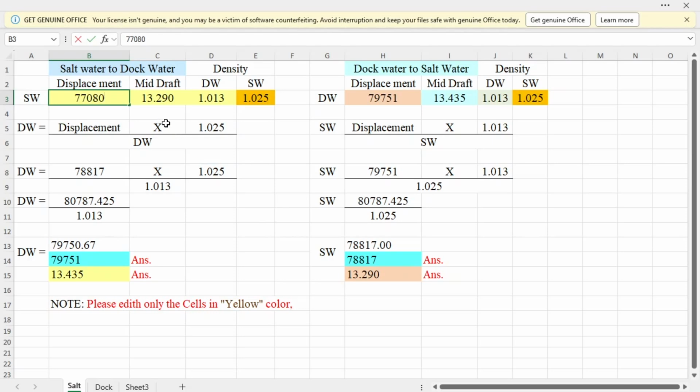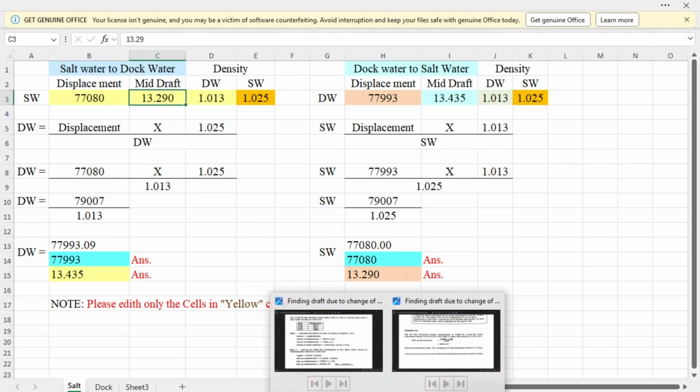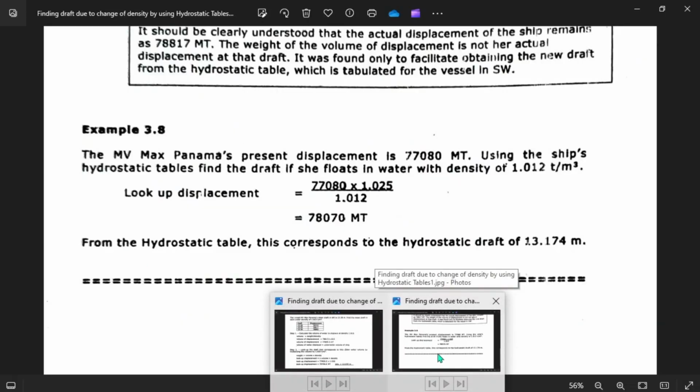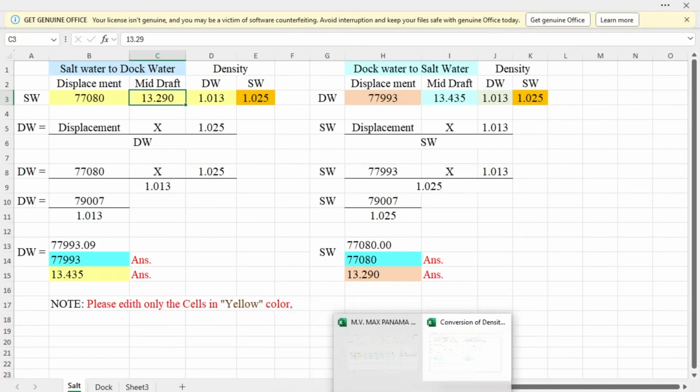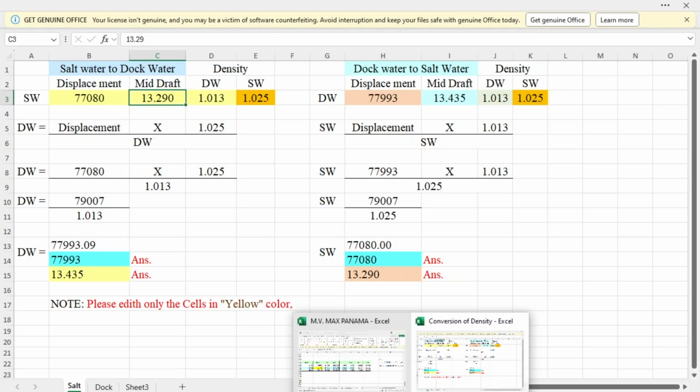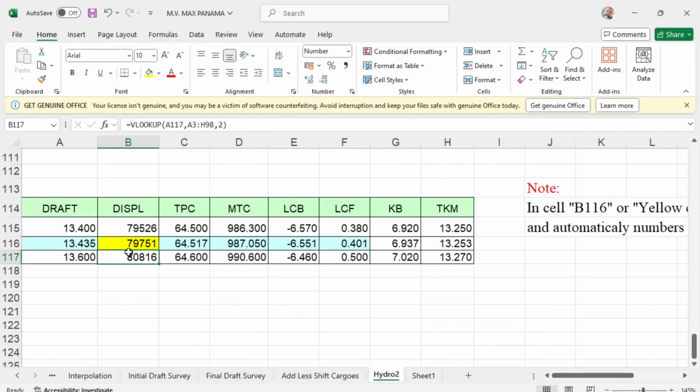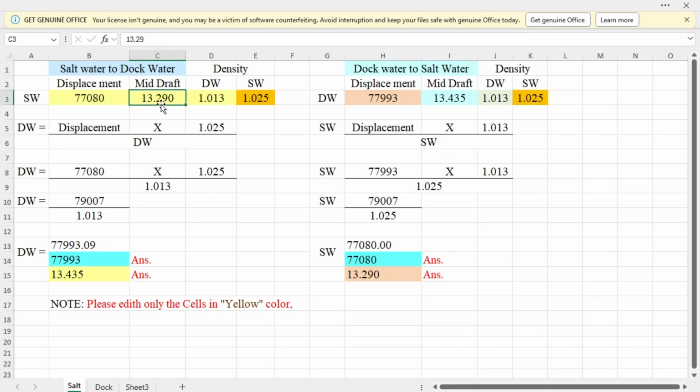The corresponding draft of this displacement, it doesn't say anything, so we'll just check this one. 77080, the corresponding draft will be 13.02.